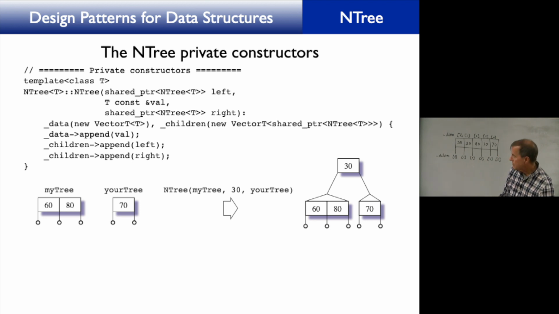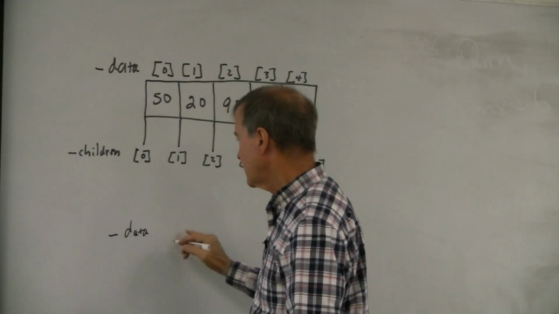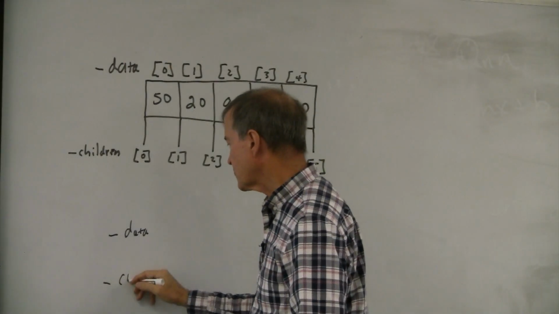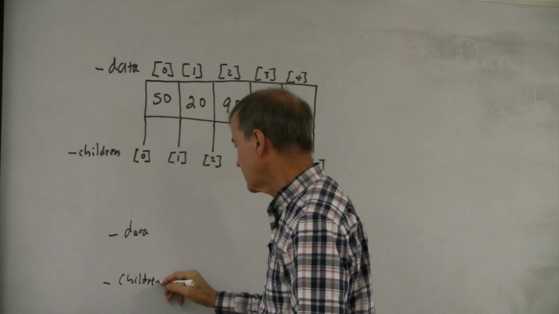So what that does is that appends the 30 here. And then what's this underscore children arrow append left? What does that do? You see how it's working? It appends this to this. See, it starts off like this: underscore data empty, and underscore children empty.